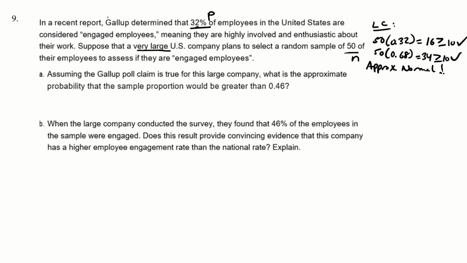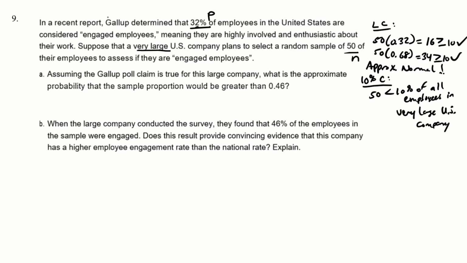We also need the 10% condition in order to use the standard deviation. The 10% condition: we're saying that 50 is less than 10% of all employees in a very large U.S. company. So that means we can calculate the standard deviation.